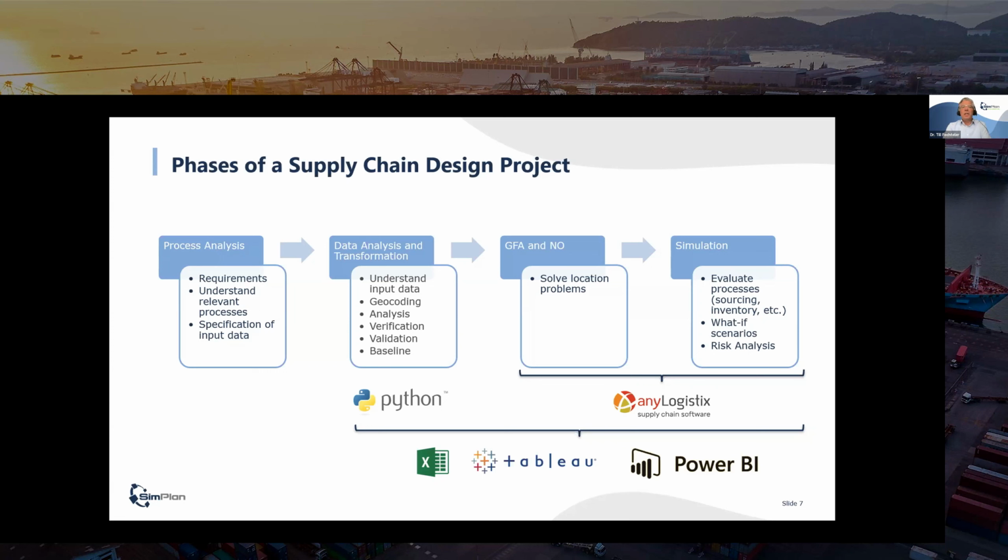So first we start with a process analysis, then we have the data analysis and data transformation, and then we go into anyLogistix and do greenfield analysis or network optimization, mainly to solve location problems, and or to do simulation if we need to get an understanding of the processes within the supply chain.